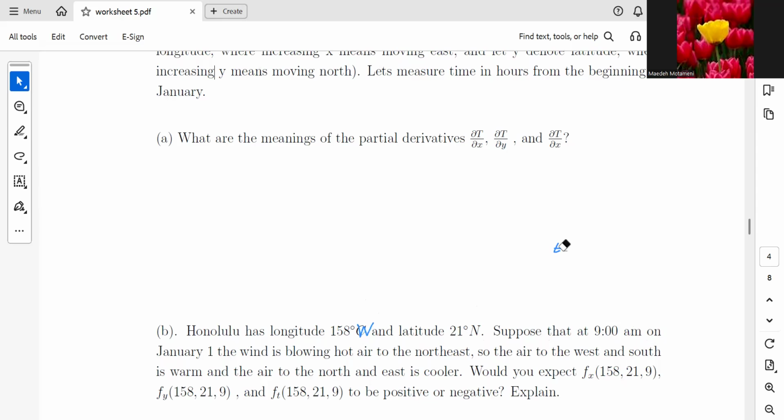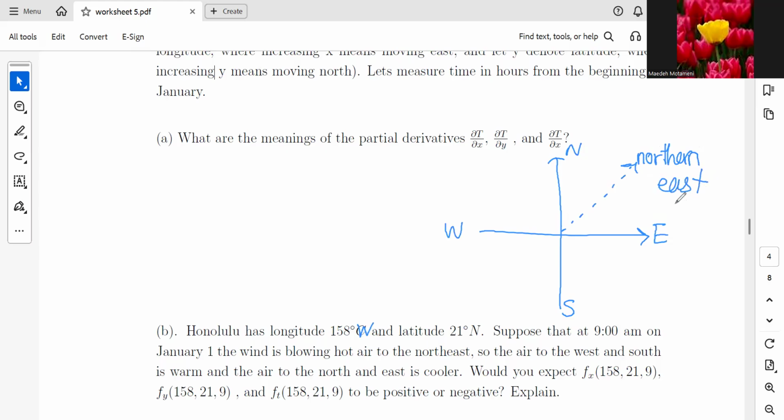So northeast here, if we want to draw the coordinates, if this one is north and this is east, west, and south, somewhere here will be northeast. And it says that the wind is blowing hot air to the northeast.